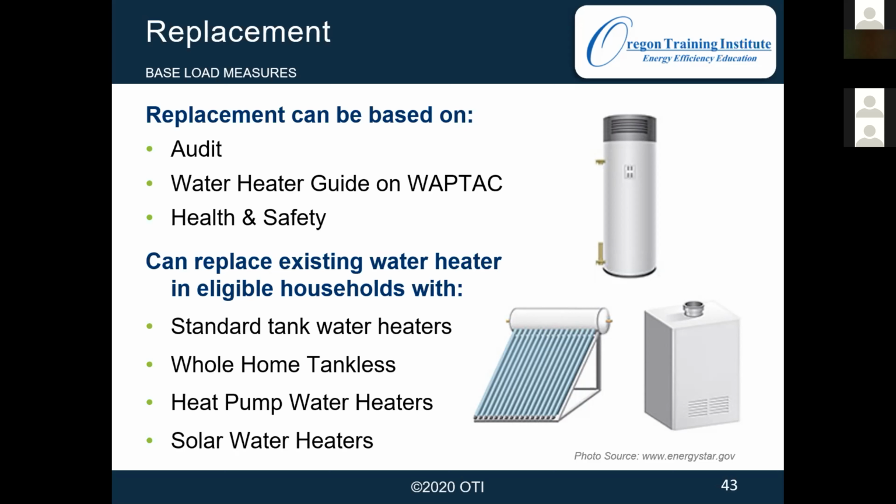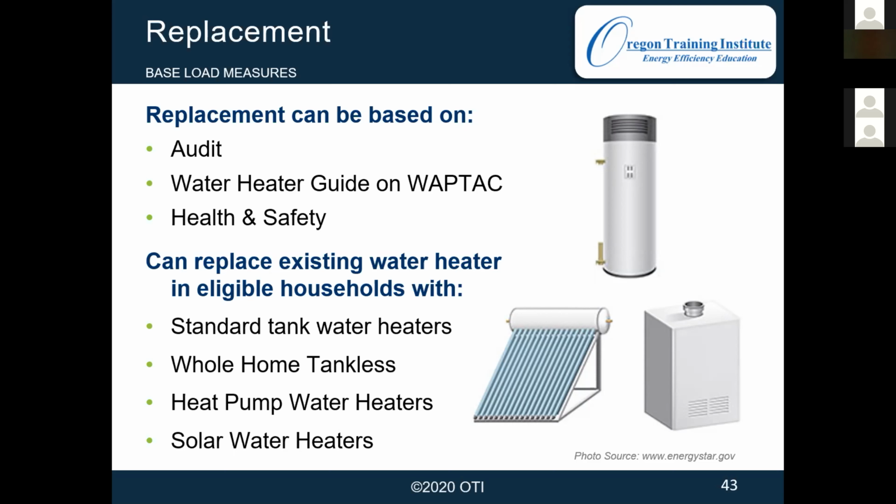But if you're a high user, you got a big household, you're using lots of hot water, that water isn't sitting in that tank for very long anyways. So you don't have a lot of standby loss. So from an energy savings perspective, a tankless is not that great for a home that uses a lot of hot water, because it's not going to save them any energy, because the water's not staying in the tank very long.